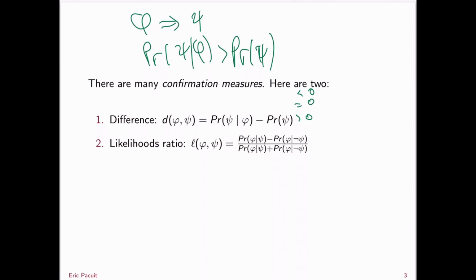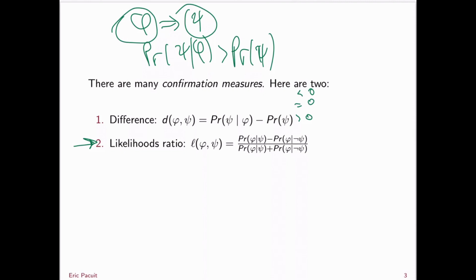There's another measure called the likelihood ratio. This one looks at the following fraction: the probability of phi given psi minus the probability of phi given not psi, divided by the probability of phi given psi plus the probability of phi given not psi. Now, one thing I want to note: phi is the premise and psi is the conclusion. So in the difference, you're looking at the probability of the conclusion given the premise minus the probability of the conclusion.